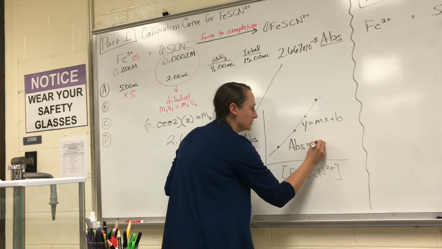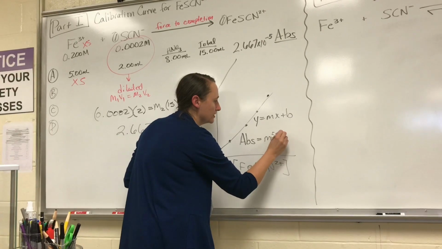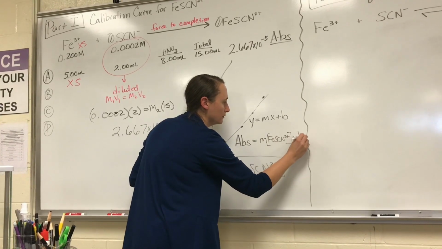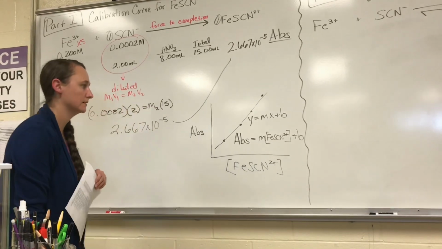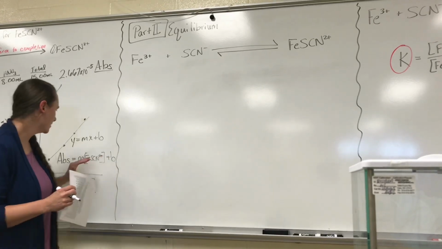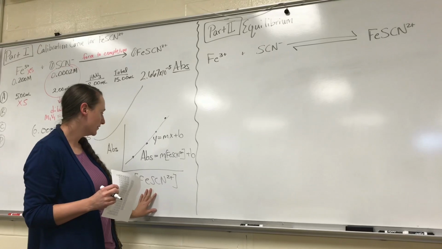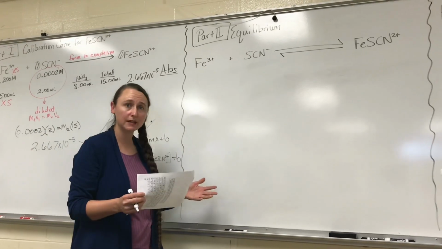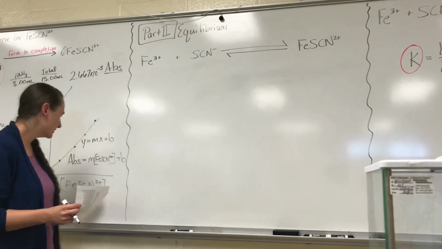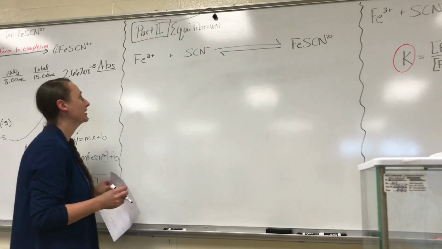Absorbance equals whatever the slope is times the concentration of the iron thiocyanate plus whatever the y-intercept is. All right, now that we have established the relationship between the absorbance and concentration of iron thiocyanate, we can run an experiment and measure the absorbances of our experimental solutions and be able to calculate the concentration of iron thiocyanate.